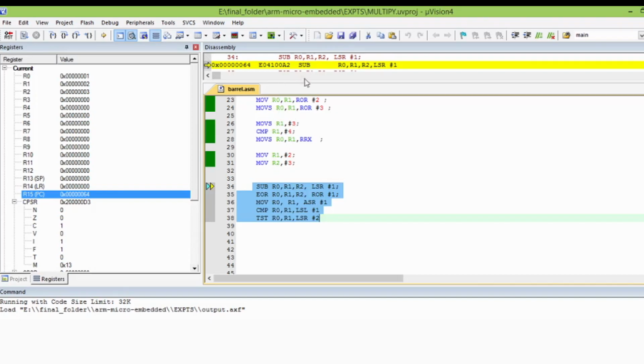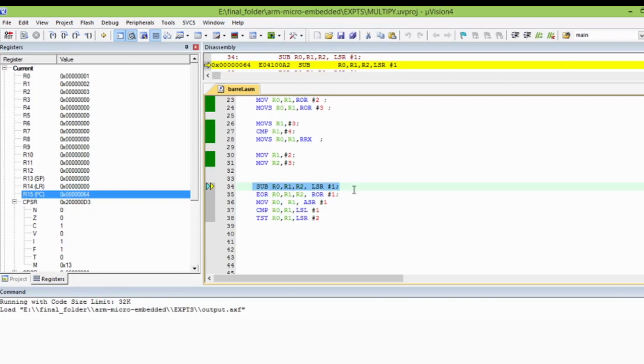Instructions like add with carry, subtract with carry, and compare update the carry flag, which belongs to the CPSR, based on the arithmetic carry or borrow result and not from the shifted out bit. But in the case of logical or bitwise operations like AND, OR, XOR, move, test, and TEQ, that is test equivalence, the carry flag is updated based on the bit shifted out.